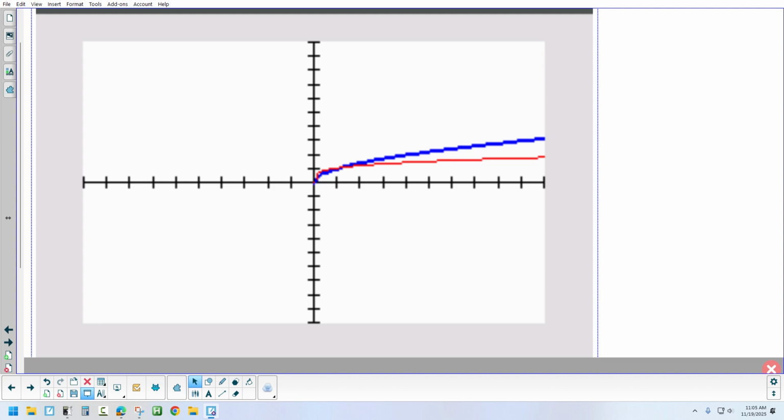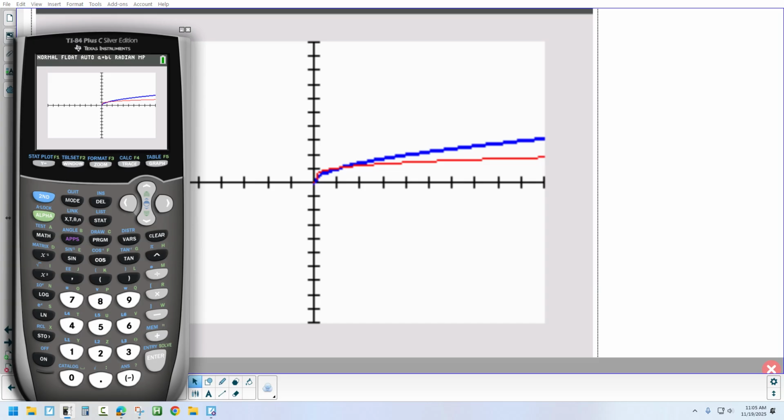Okay, what do you notice about the fourth root and the square root? You notice anything at all about them? Yeah? Fourth root is smaller and lower than the square root. The red one is under the blue one? Always? No. Not always. Where does it look like it's under the blue one?